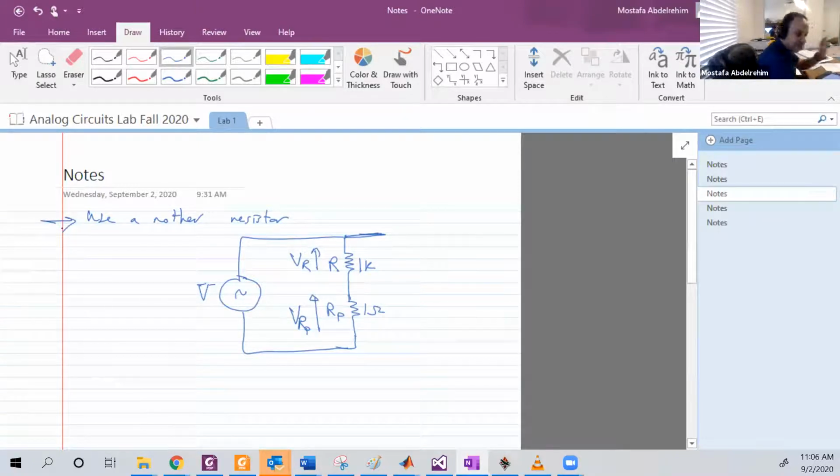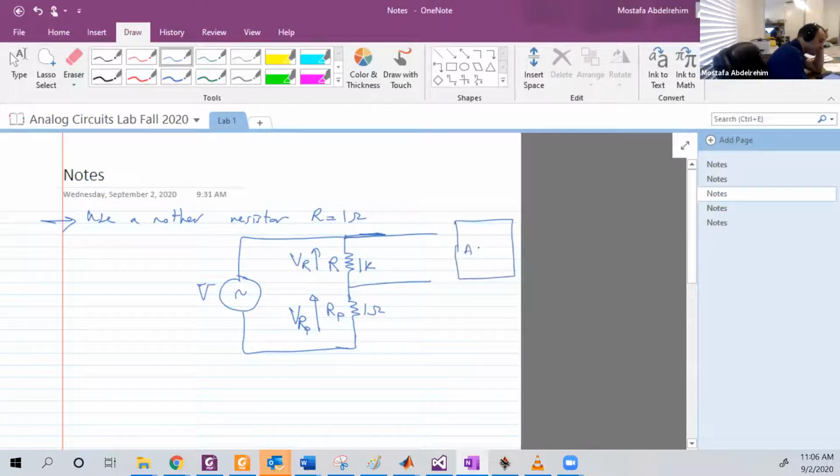So if we use another resistor, which has a resistance of 1 ohm, we're going to use the oscilloscope that we have and connect it. This is the oscilloscope now.